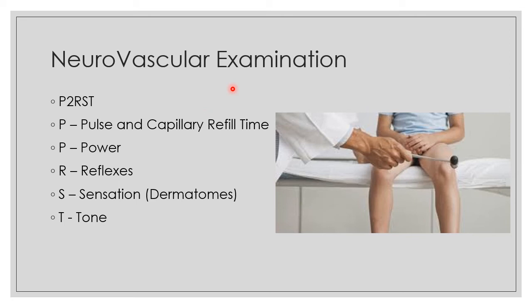Your fill time should be less than 2 seconds. Power, we already mentioned the muscle strength. Reflexes, by now you should be able to elicit this in your patient, as well as the sensation and the dermatomes. And last, the tone in the joint or limb, whether it's hypotonic or hypertonic.